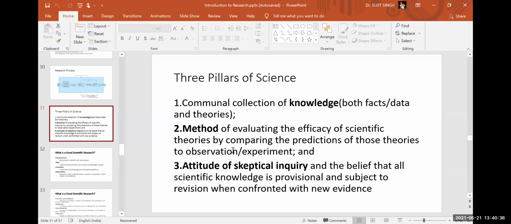Most important is the attitude or belief that anything, any theory, anything is questionable. You can question anything. This is not a matter of the faith or the religious or something like that. In science, everything is always available for the questioning.